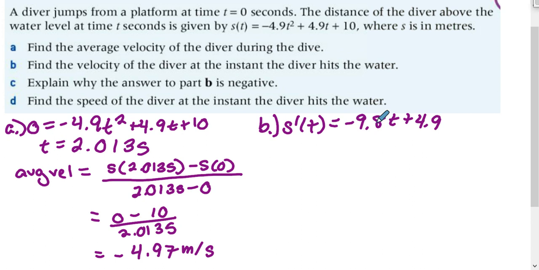And then we want to find our instantaneous rate of change when our time hits the water, which is 2.0135. So I'm now calculating s prime of 2.0135 because I want the instantaneous rate of change at that time.